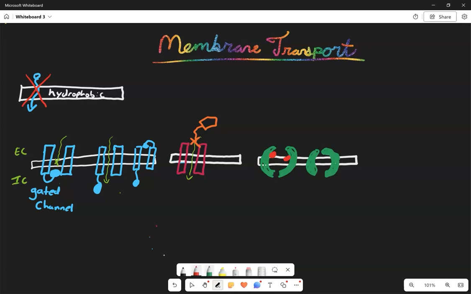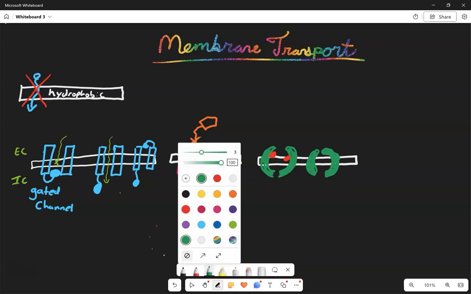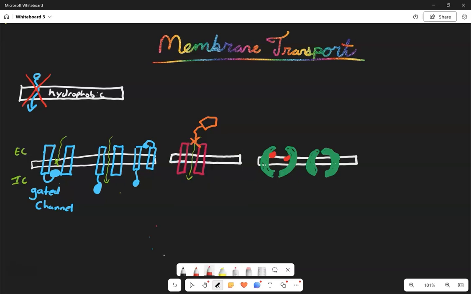When it reverses its orientation, the red particles can then move in this way. So that's what a carrier protein looks like.